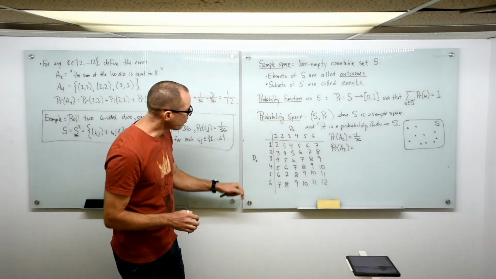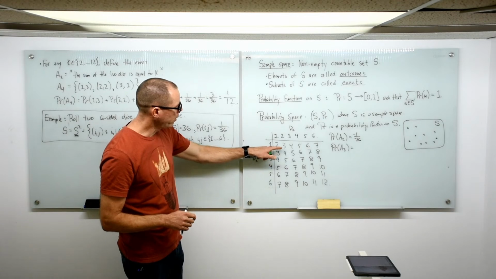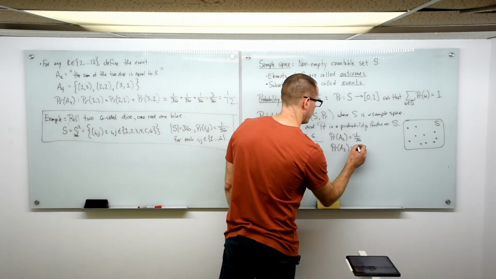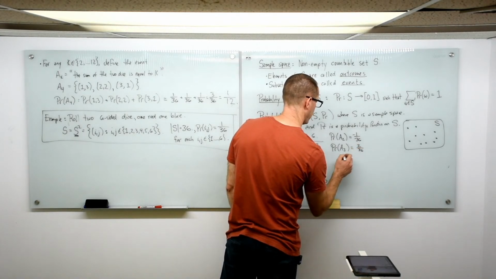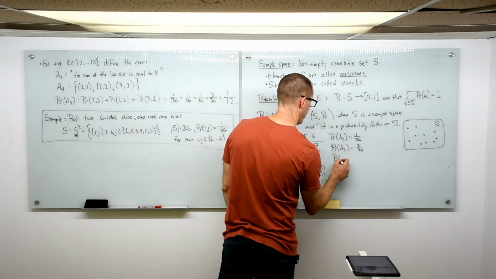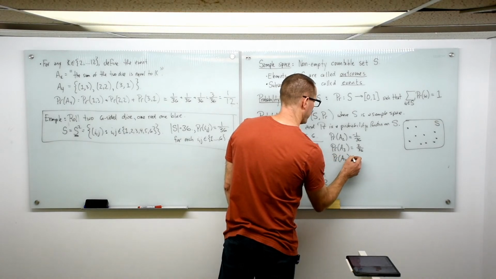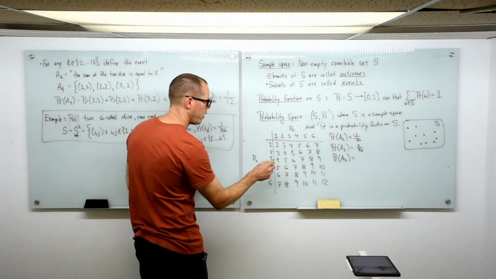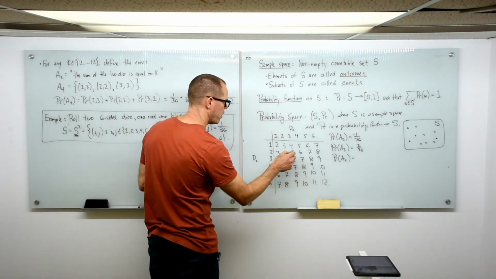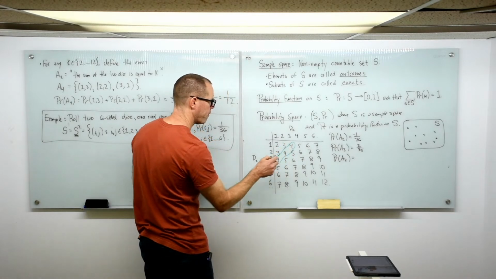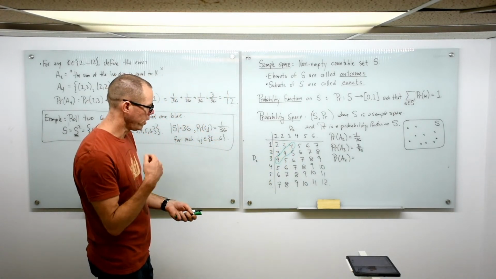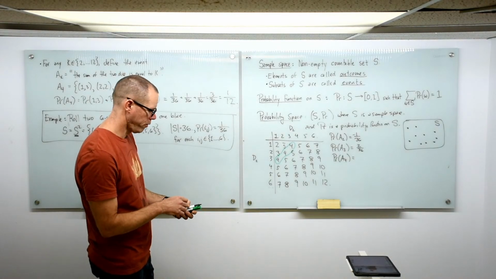Looking at the table, I can get that by rolling a 2 and 1, or a 1 and 2. So that's 2 out of 36. Probability that I roll a 4: we calculated it already, but here it is in the picture. It's these 3 outcomes: 1,3, 2,2, or 3,1.